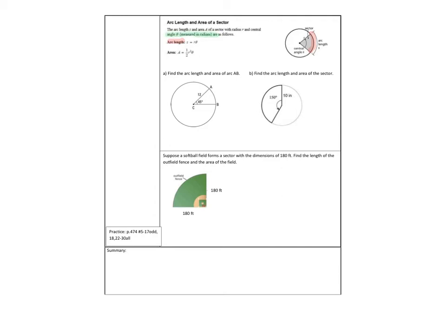Remember how radians can be used to measure an angle and a length? So that's why we need to change our degrees into radians. Don't forget, that will be your first step, that angle degree needs to be in radians.